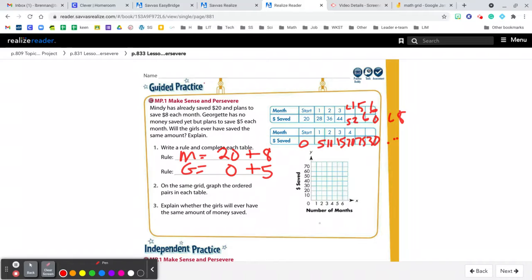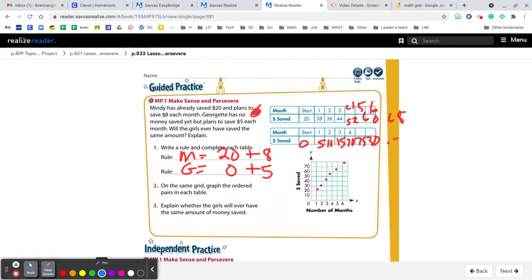So for number of months, in month 1, I'll make Mindy red. In month 1, she has 28, in month 2 she had 36, in month 3 she had 44, in month 4 she had 52. So you're going to see this one goes up that way.